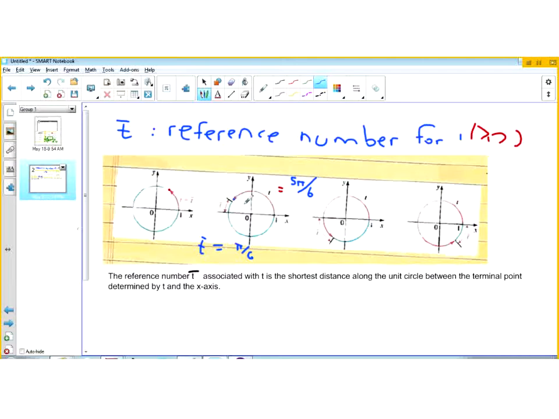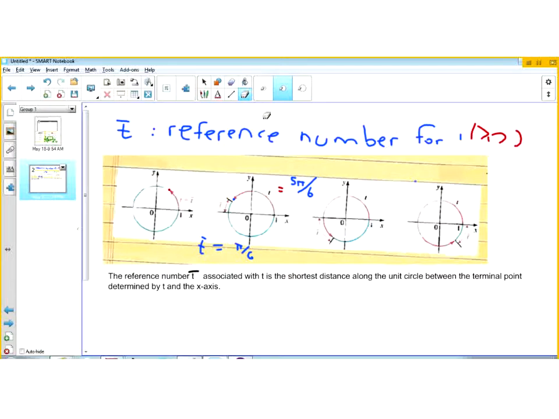How about t equal to 7 pi over 4? What would be my reference number? I don't think that case is shown here. Oh, I think it's shown in the fourth figure. Sorry.